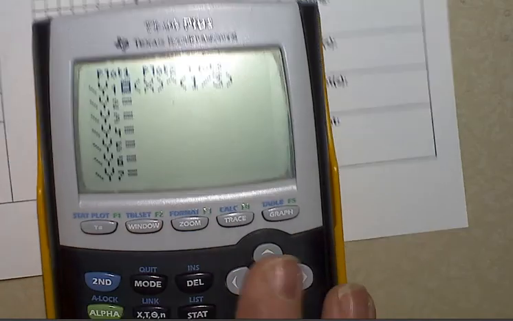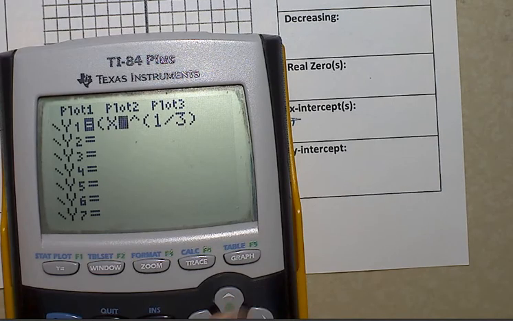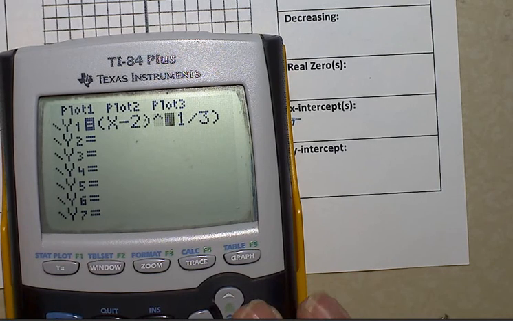In case you were confused as you graph that, I'd like to show you what this looks like. So I'm going to insert in here (x - 2)^(1/3) - 5. I'm going to give you a chance to plug this into your calculator.